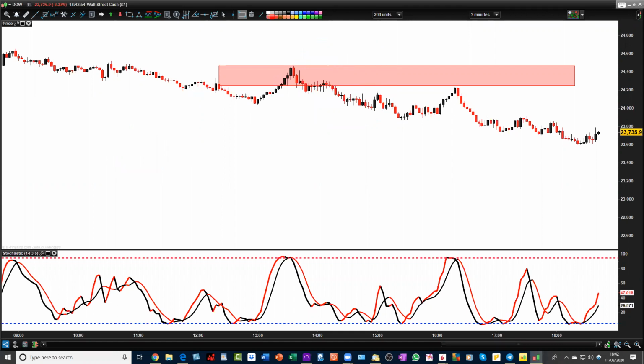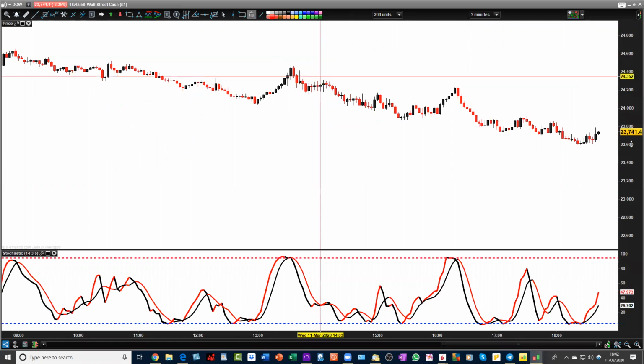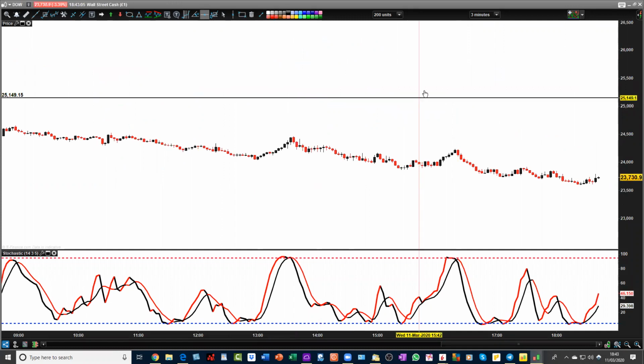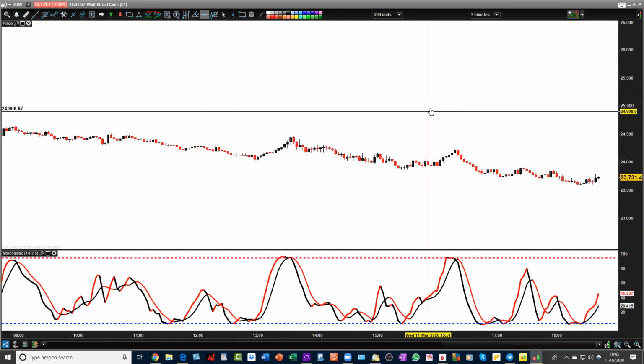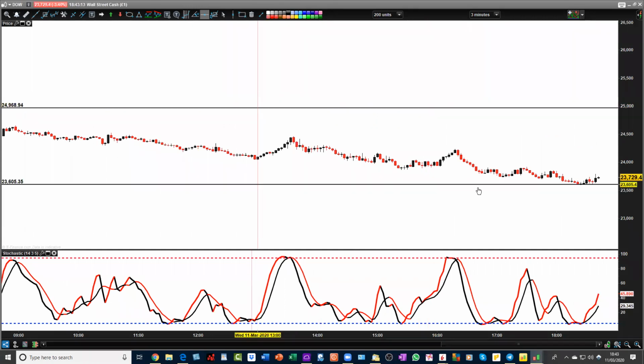Let's go back to the gap on that. So let's put the gap up there, 24,967. Okay, that's roughly 24,968, but that'll do.